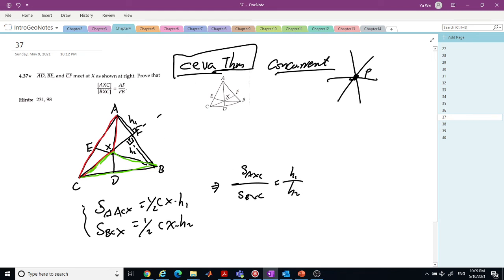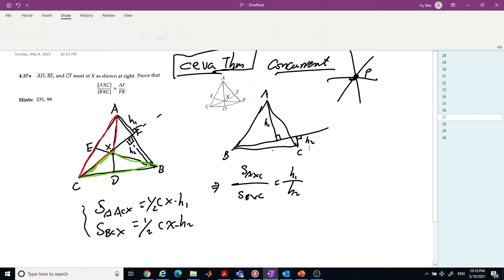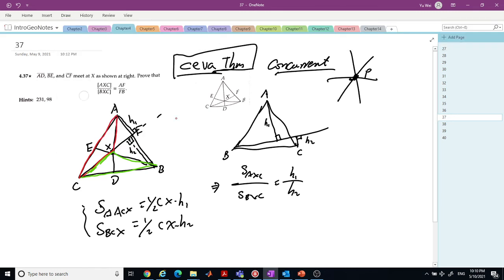So this is the right angle, and this is not a good picture. Let me intentionally draw it not very perpendicular. A, B, C. So we have H1 here and H2 here, and you can see this angle equals this angle.